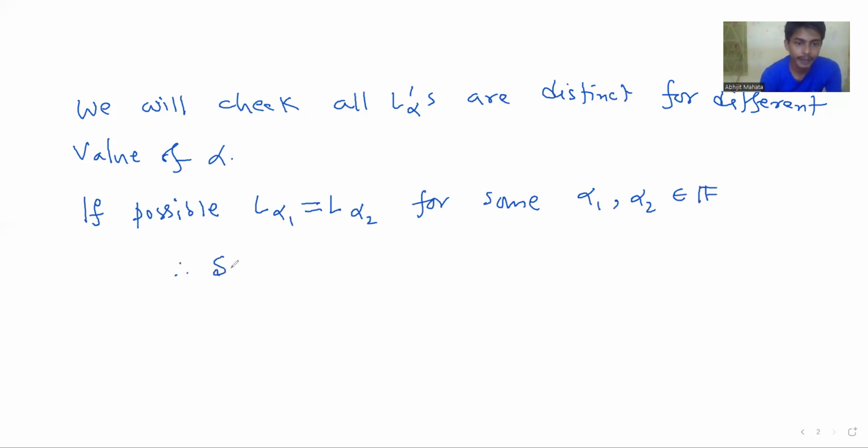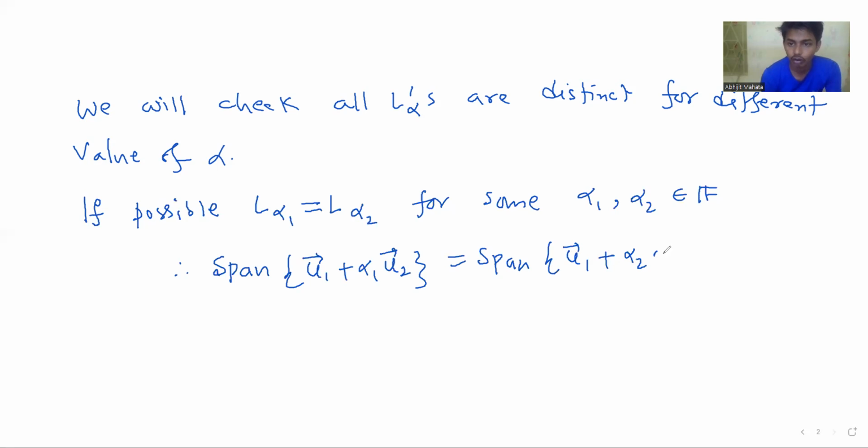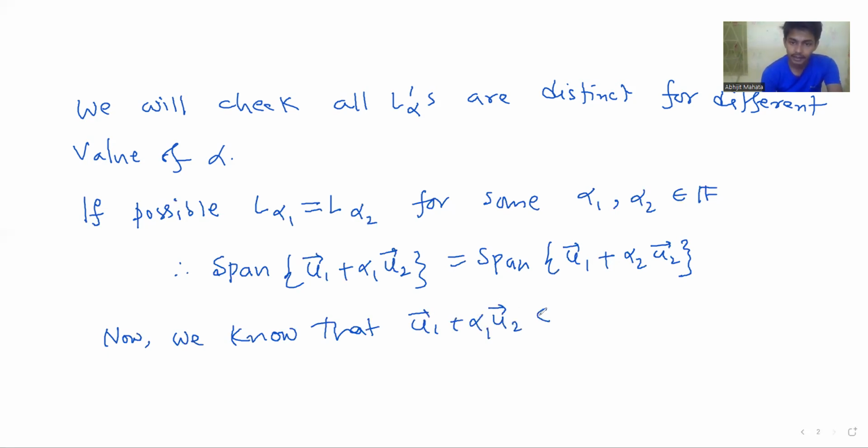So what are we getting? We are getting span of u1 vector plus alpha 1 of u2 vector equals span of u1 vector plus alpha 2 of u2 vector. Now we know that the vector u1 plus alpha 1 of u2 is in the span of u1 plus alpha 1 of u2. Why? Because we can write this vector as 1 into u1 vector plus alpha 1 into u2 vector.